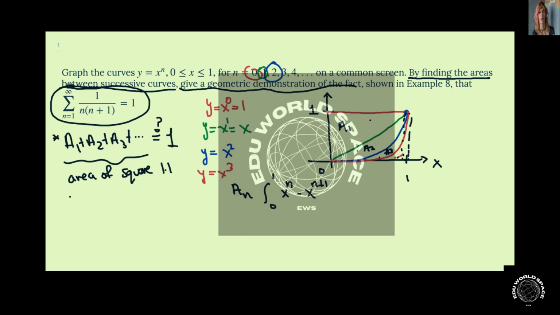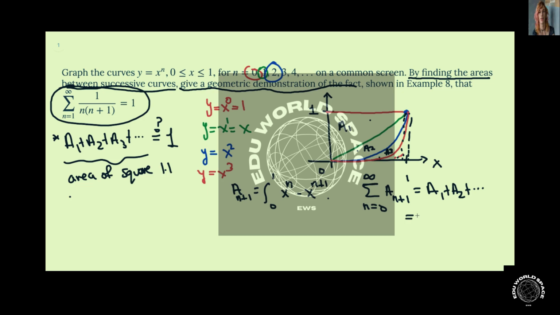So let me take a step back here. This should be A(n+1), so it looks like I should start n at 0. So if I add up all the A's, n equals 0 to infinity, A(n+1), this is the quantity that we want.